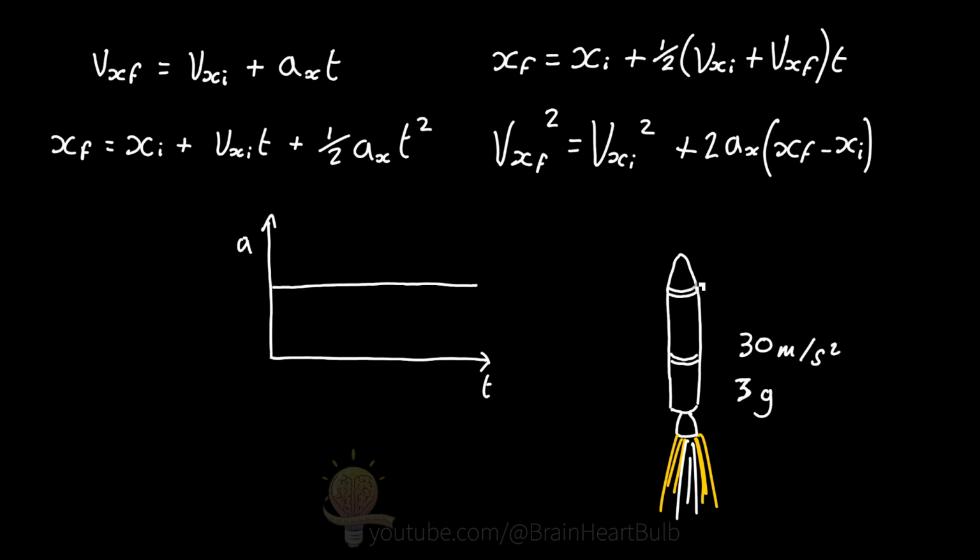So in other words, you would experience a force on your body that's 3 times greater than the gravitational pull on you on the surface of the Earth. So you would feel 3 times heavier.